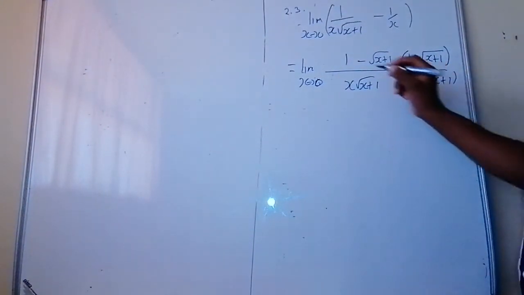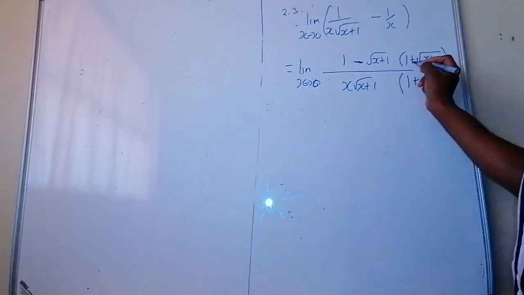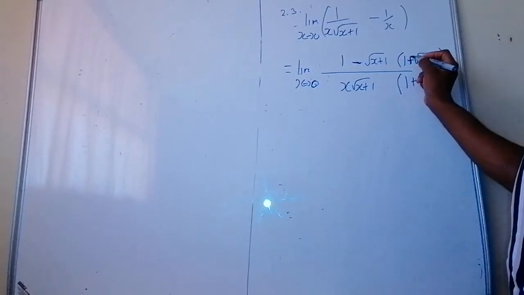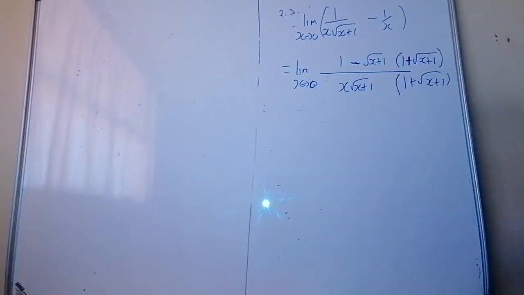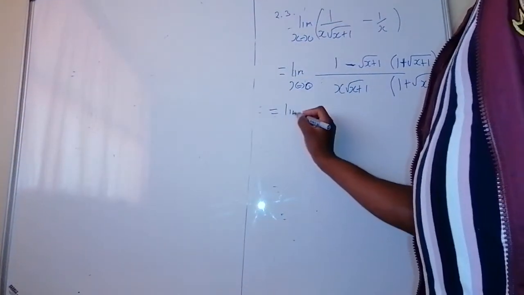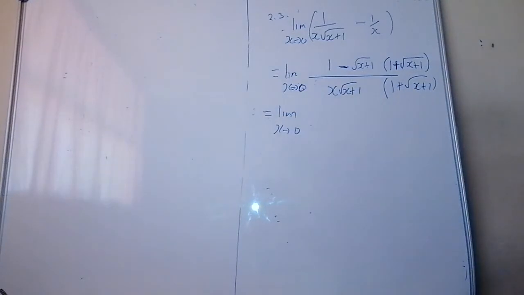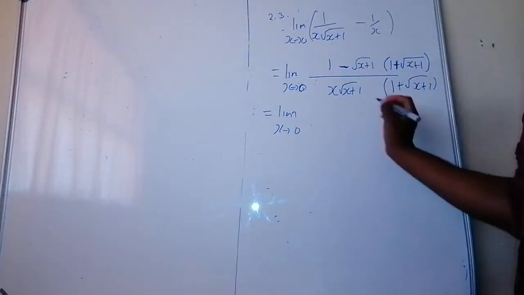And remember, when we rationalize, we multiply with the one with an opposite sign. So let's evaluate that, limit as x approaches 0. Let's continue.